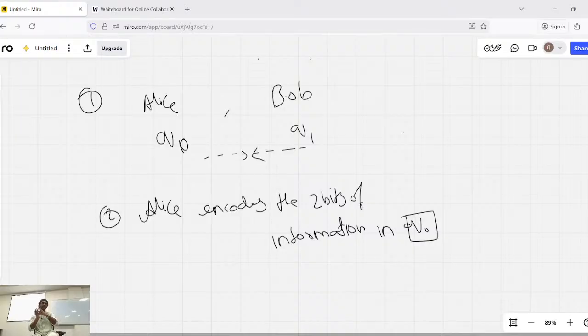Then Alice will encode the 2 bits of information into her own qubit, based on the type of message she wants to send. She will be using particular gates, and by using those gates she will encode the information. What those gates are, we will see right now.